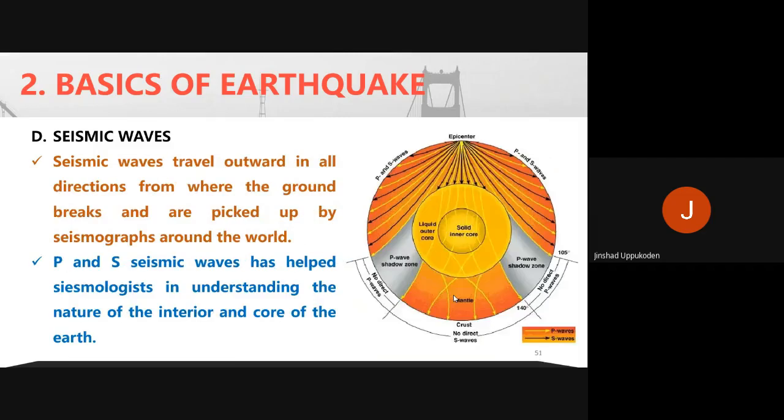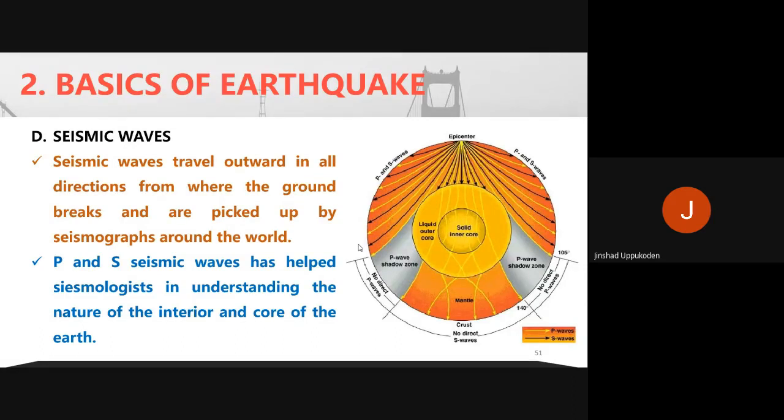Here is an example of how the corresponding waves get transmitted throughout. Here at this one point, the epicenter, no, it is actually the focus. It is slightly below the crust. Since it's a very large scale, you cannot see the crust thickness properly here. So the P waves and the S waves, which are the body waves, get transmitted throughout the interior of the earth. Depending upon how large the earthquake is, they may travel to great distances.